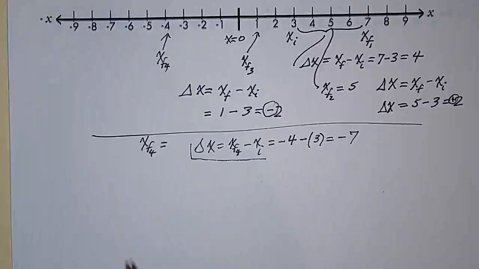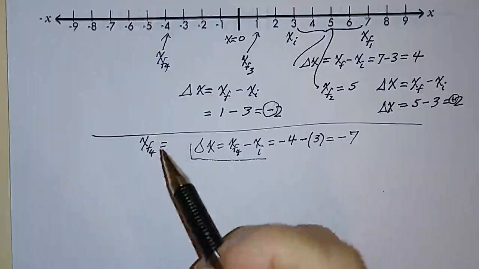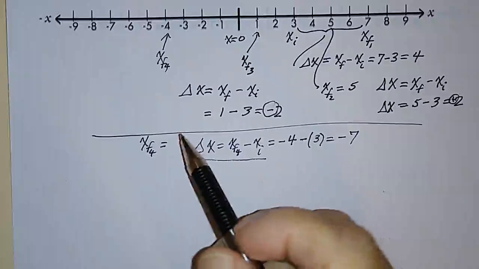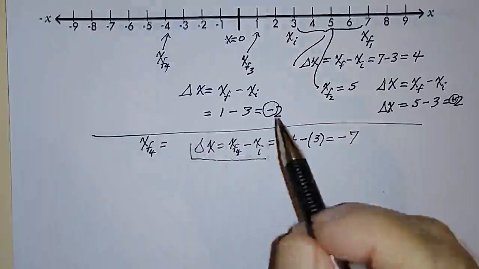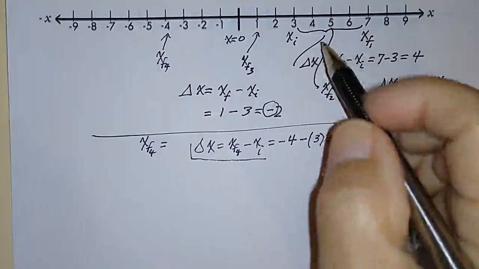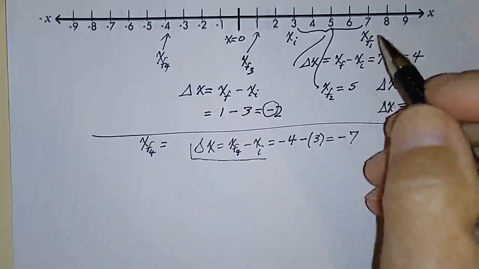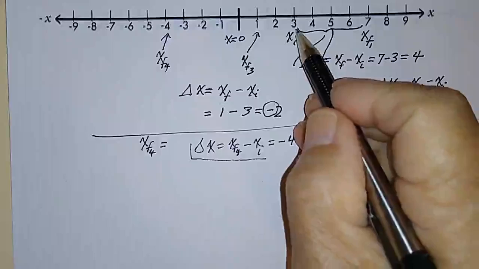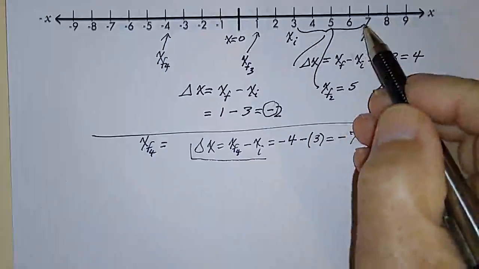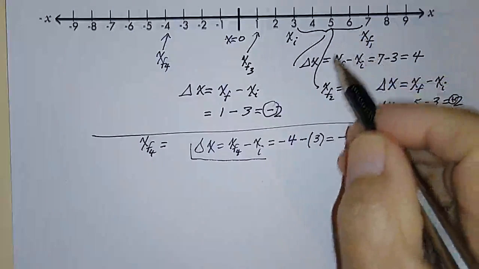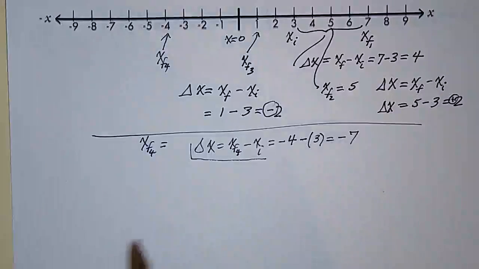Okay, now I said just a minute ago that the distance traveled is different than the displacement, and that's what I want to make clear here. If we go back and look at the original displacement, we went from x equals 3 to x equals 7, and the displacement was 4 units.